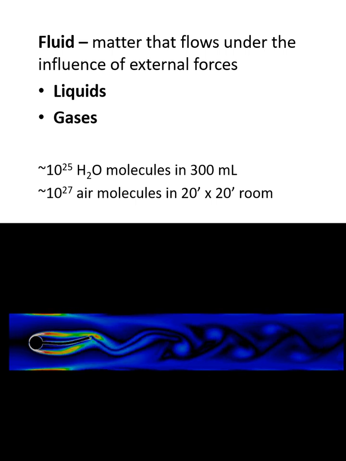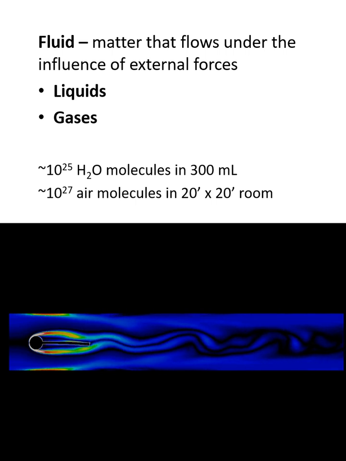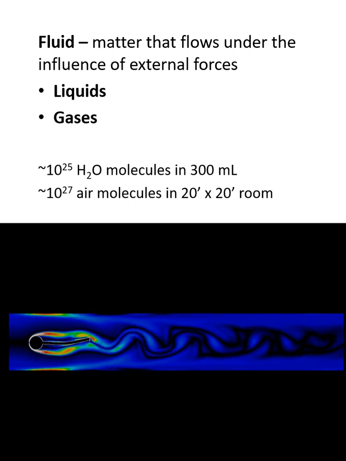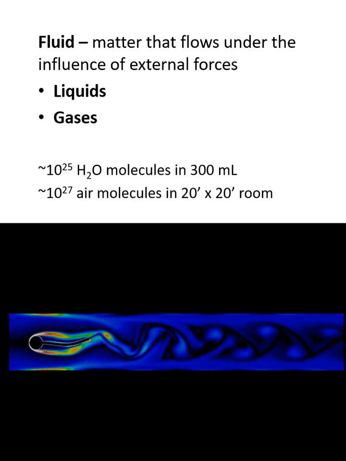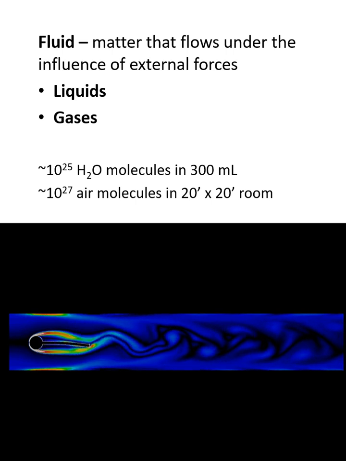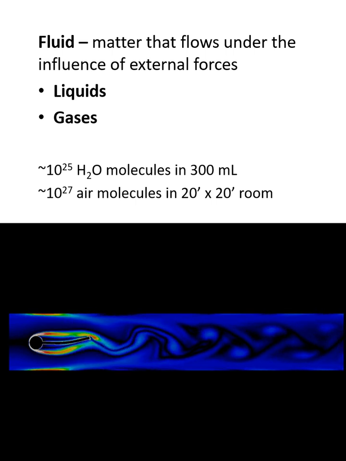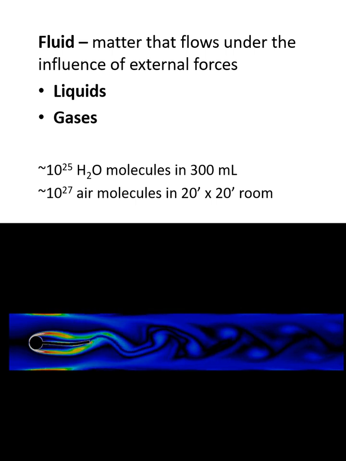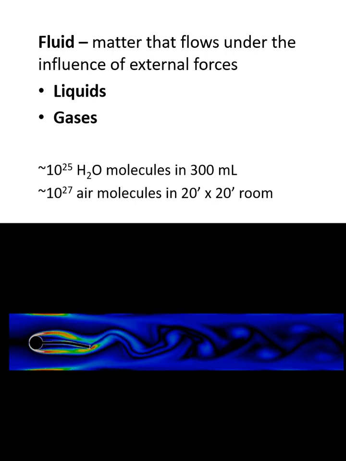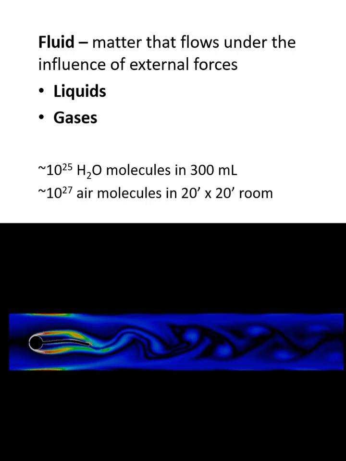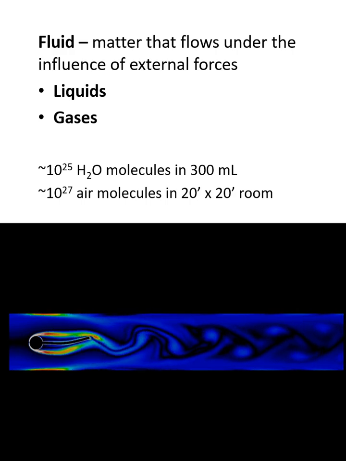Now, if we were to calculate the motion of every molecule, that would be a very burdensome set of calculations. The air in a room that's about 20 feet by 20 feet, there are 10 to the 27th air molecules. So it would be a great burden to calculate all the motions of those particles and how they interact with each other.